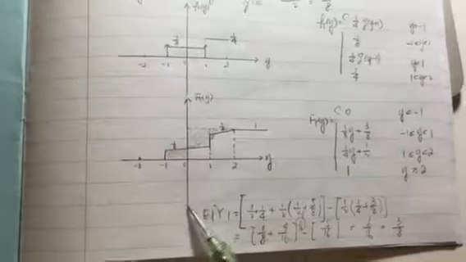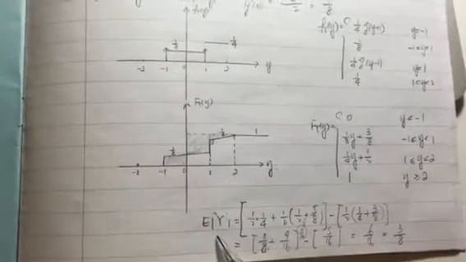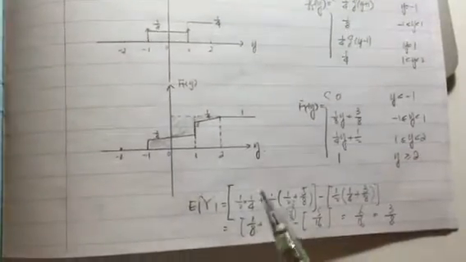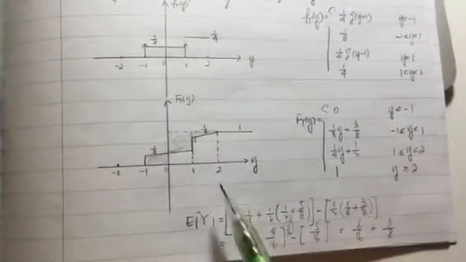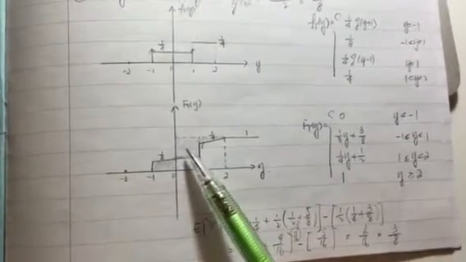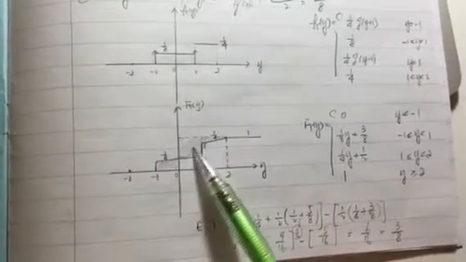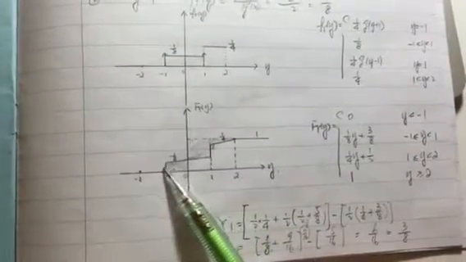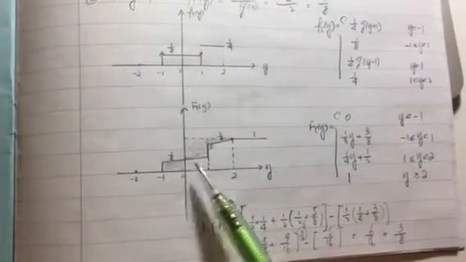So for part C, the expected value of y is just this shaded region here, the upper part minus the lower part.